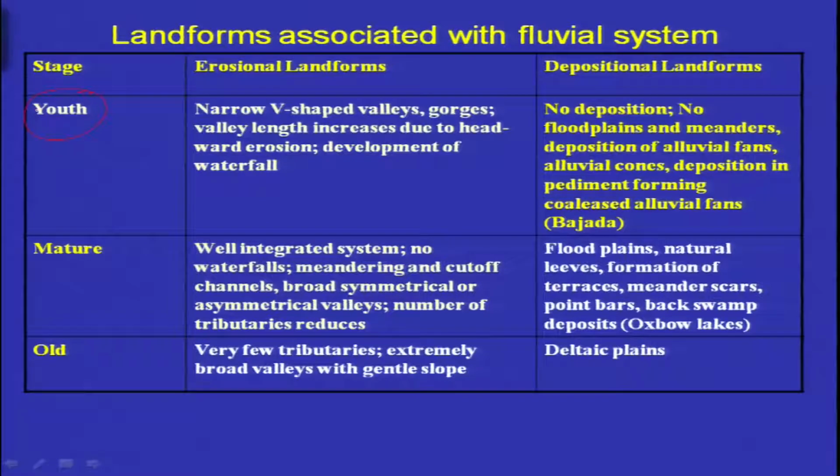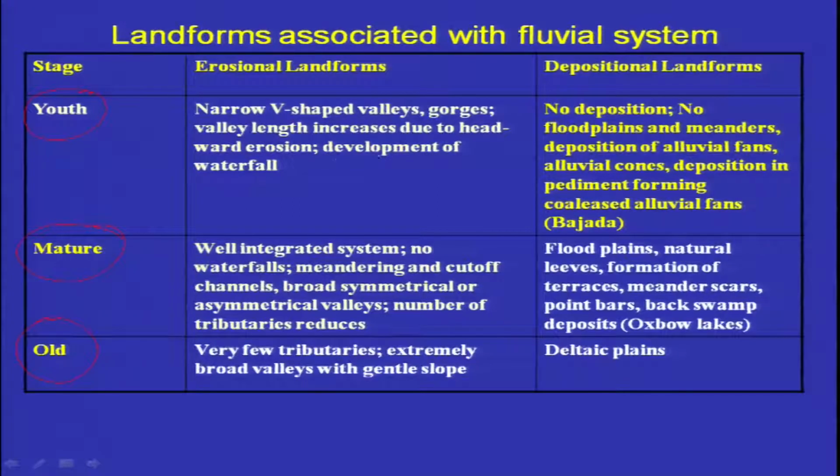Based on that, you have different stages. You have youth stage, mature stage, and old stage. And what are the related landforms here? In the erosional landforms, in the youth stage we will see narrow V-shaped valleys, gorges, and valley length increasing due to headward erosion, and this headward erosion will keep adding more area to your drainage basin.